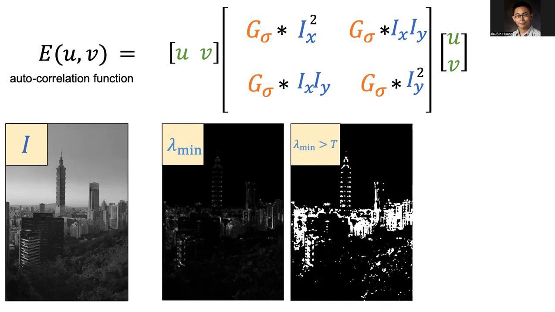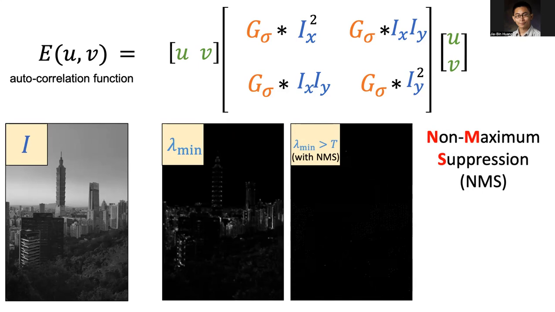But you don't want to keep all of these. If I have a pixel that is very much a corner, then the surrounding pixels are also very much a corner. So what you want to do is suppress the regions that are not the maximum. So you apply something called non-maximum suppression.